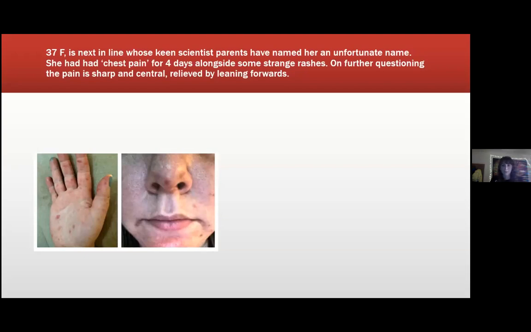So does anyone know what this could be? Yeah, pericarditis, that's perfect. That's typical pain that's sharp and central and gets worse when lying down and is relieved by leaning forwards.